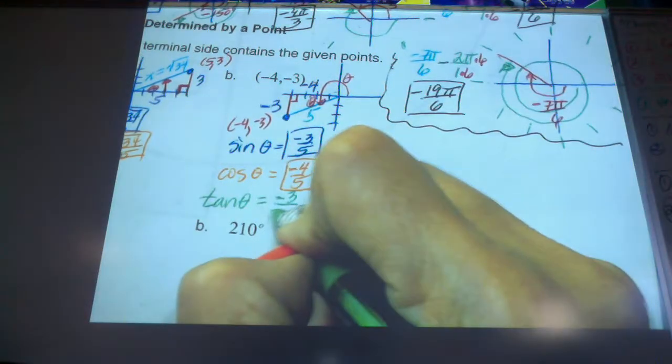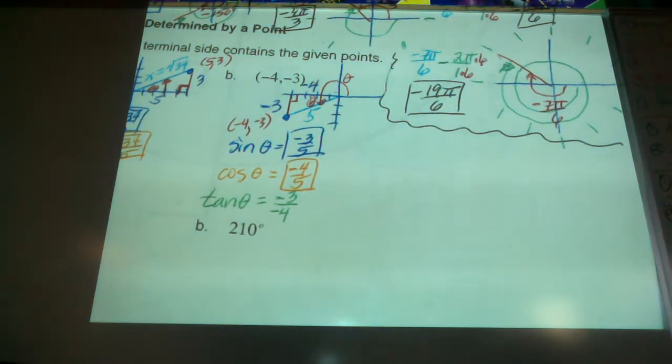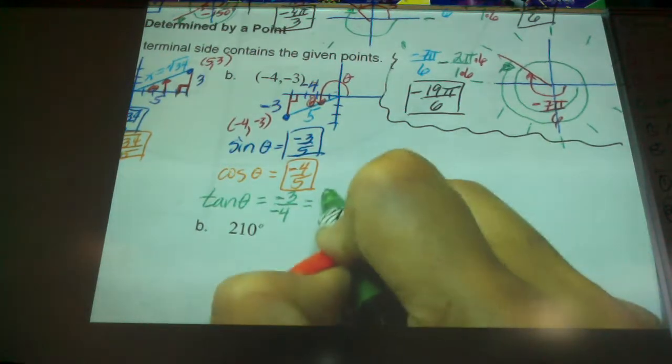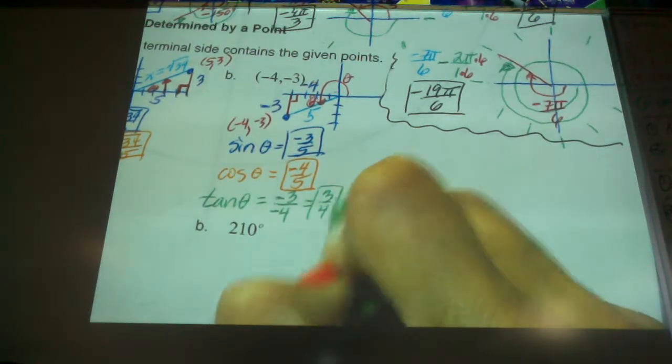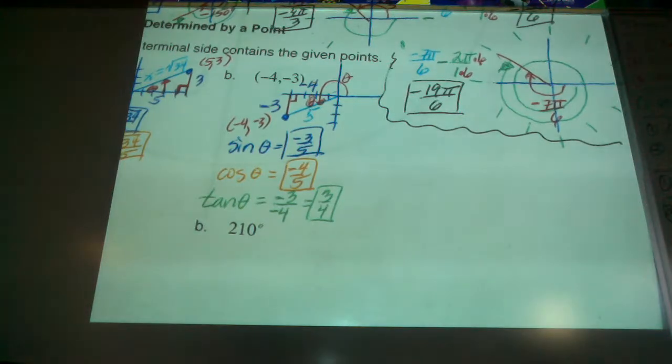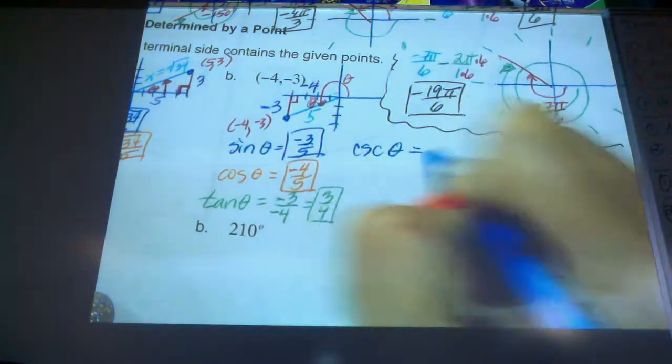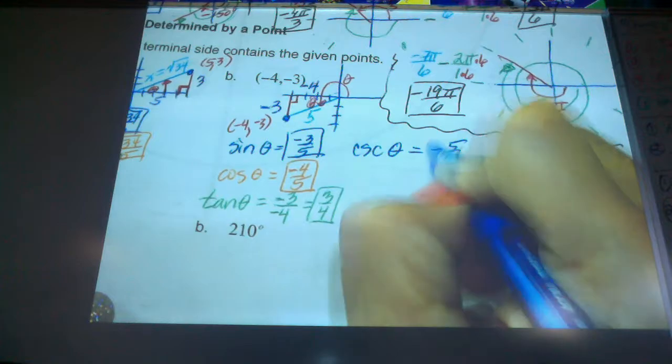adjacent is -4. You best not leave your answer like that ever, because what does it simplify to? 3/4. And if you try to put that into MathXL, they will mark it wrong, because your two negatives will cancel. And then your inverses fall easily into place from here. So cosecant of theta is -5/3.